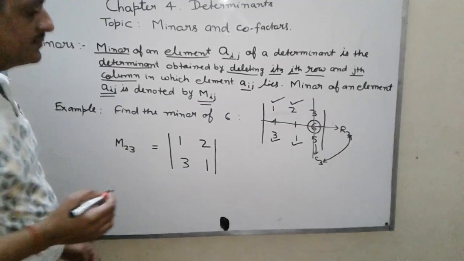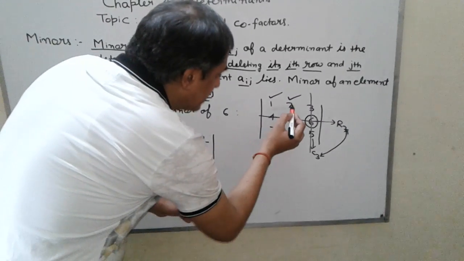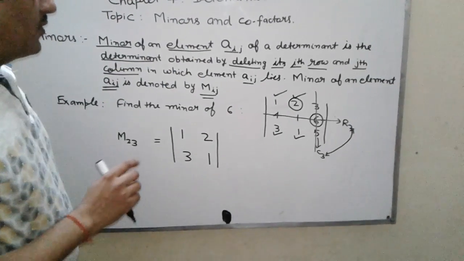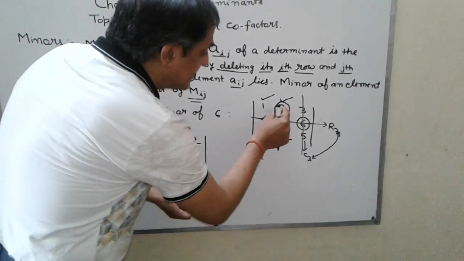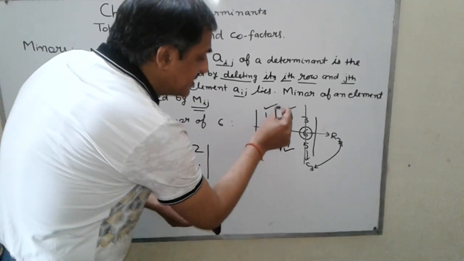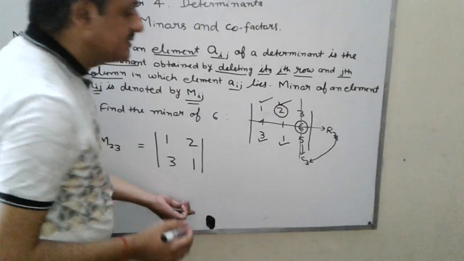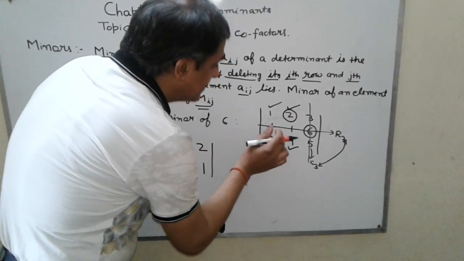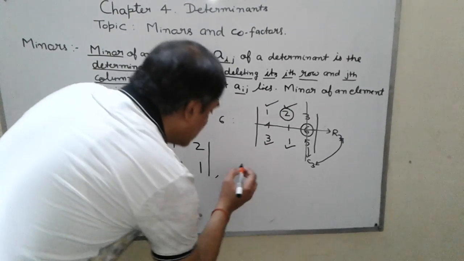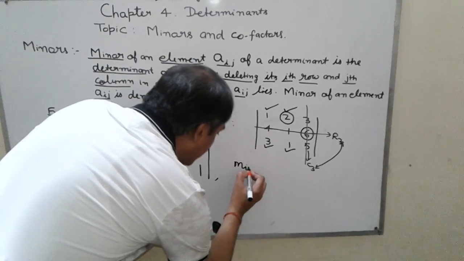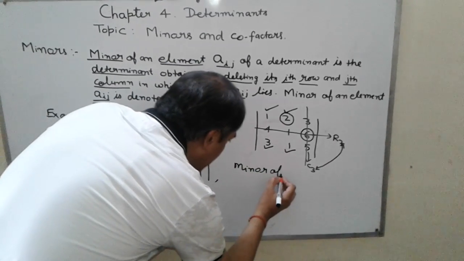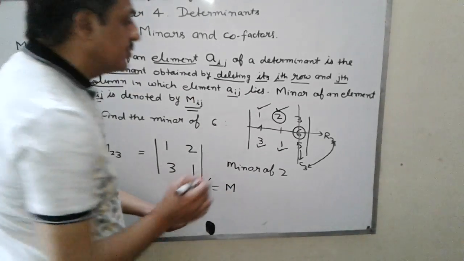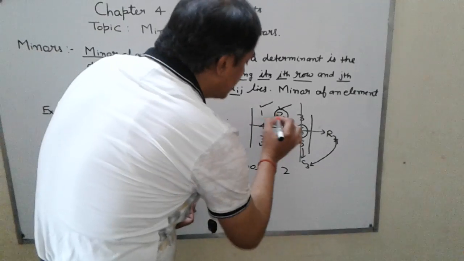Children, can we find the minor of this element? First of all, we are going to find the position of this element. The minor of 2 is M12.